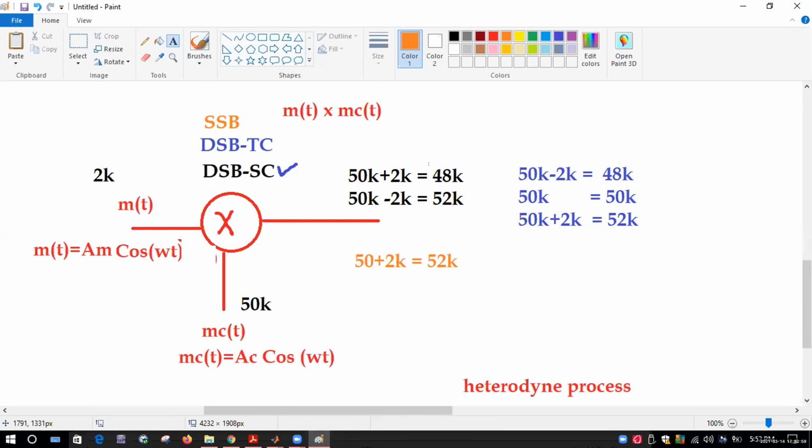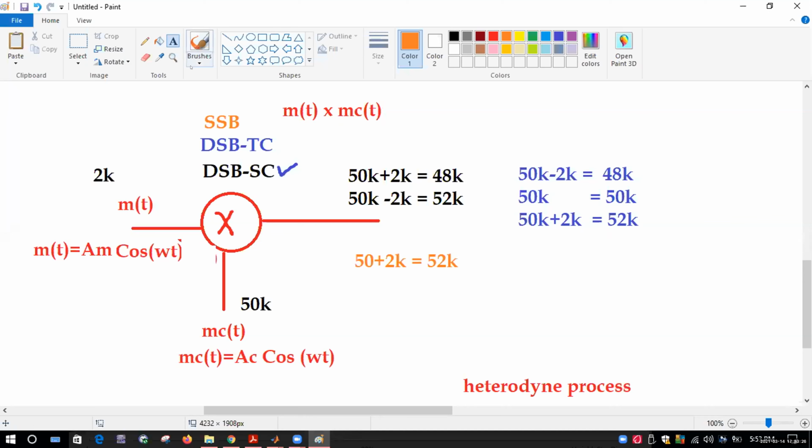Basically, it's an extension of double sideband. In double sideband, you have two sidebands, but you send out both the signals from the antenna. But in single sideband, we only pass one signal and we stop the other signal. So in that case, we are saving the energy that our transmitter consumes. We are saving power.